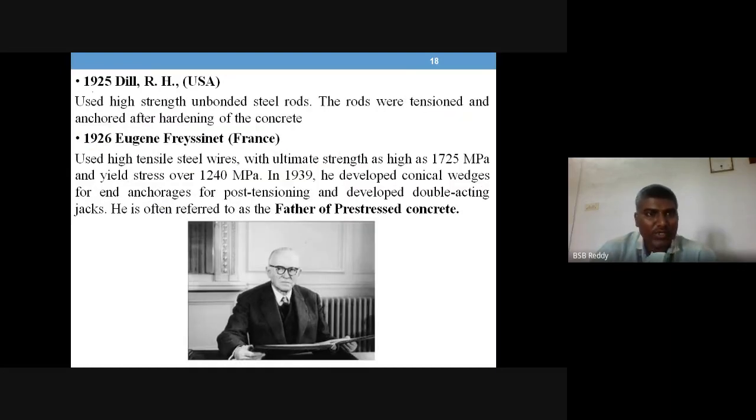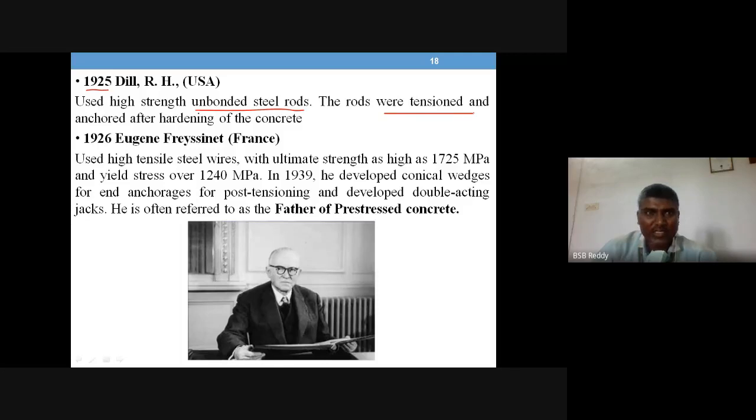Next, in 1925, Dill from USA used high-strength unbonded steel rods. So this concept of bonding and unbonding of the tensioning rod with the concrete started in 1925.